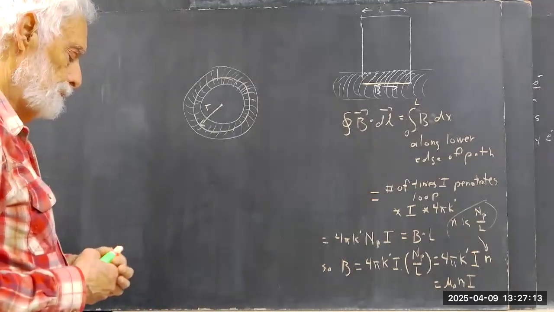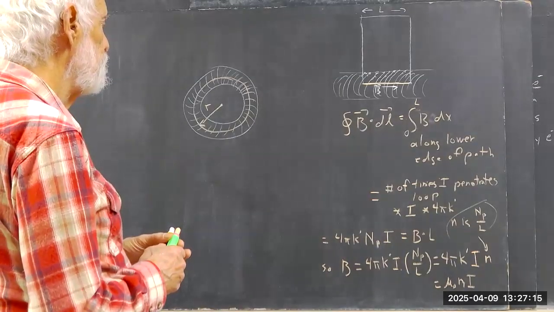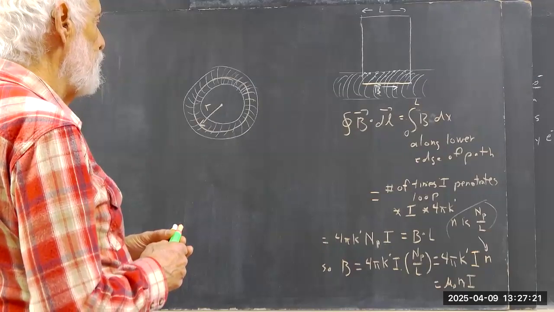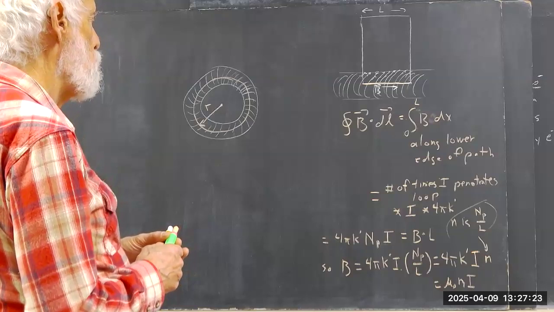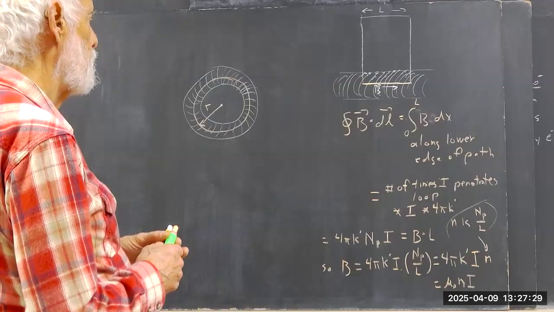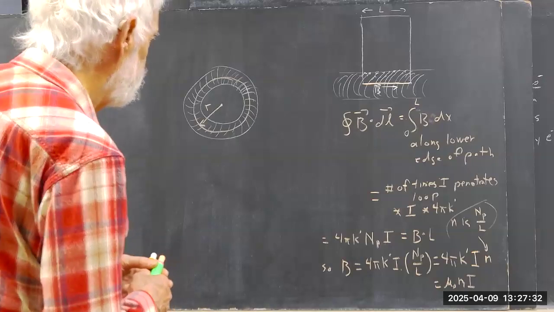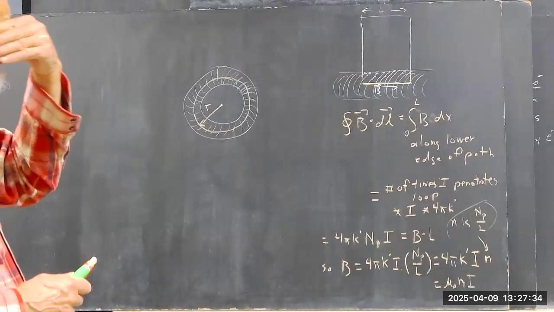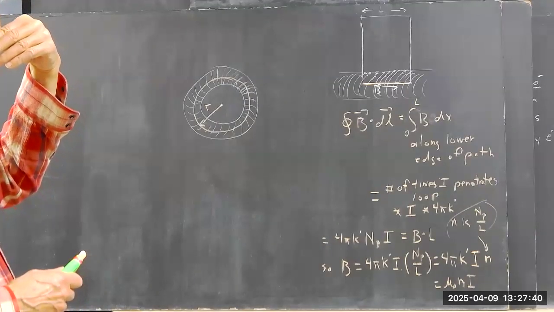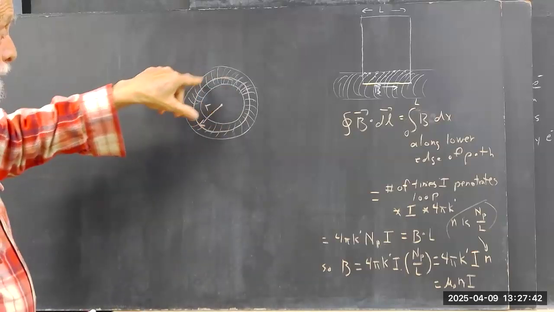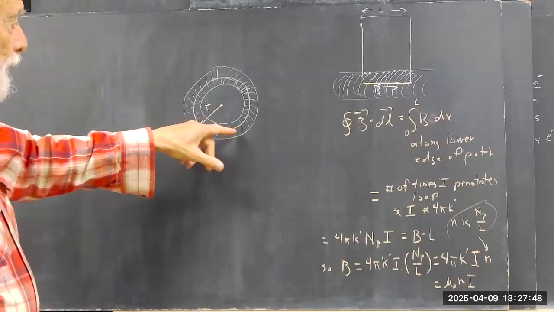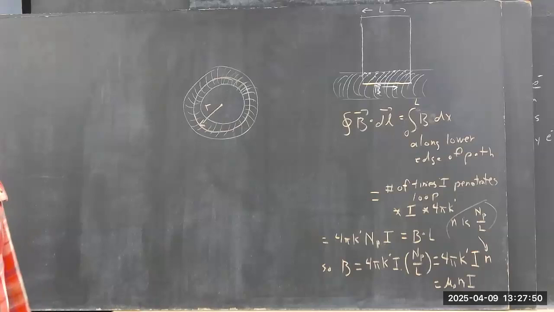I take it back. I don't want to use this loop because the coils never penetrate a loop through the center of the toroid.